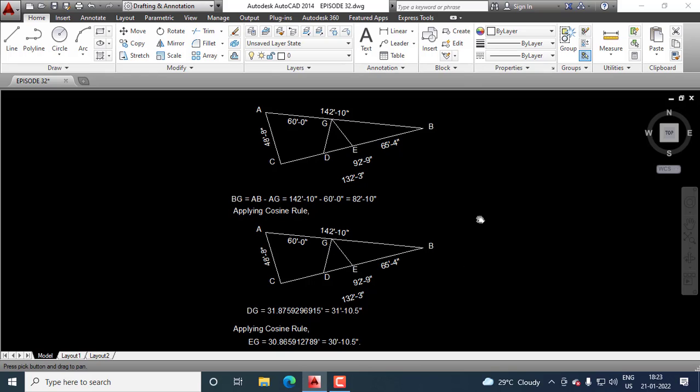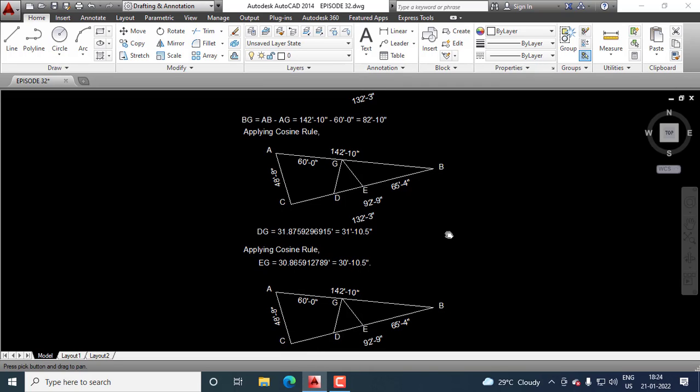Applying cosine rule, we get the side DG. We know this angle. We know this side. We know this side. So applying cosine rule, we can get the side DG. And DG after calculation is 31.8769296915 feet. After converting this decimal figure into feet and inches, we get 31 feet 10.5 inches.